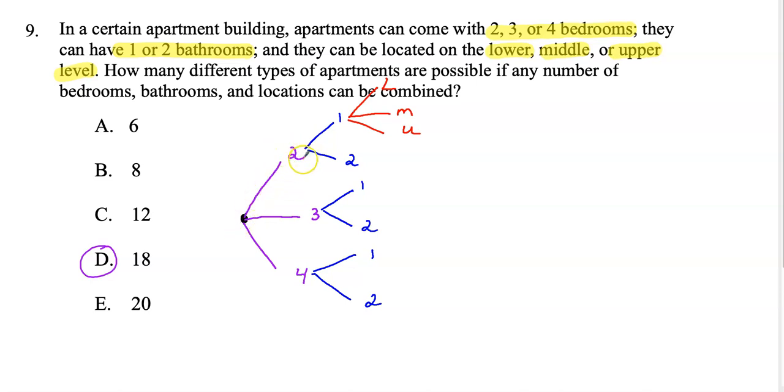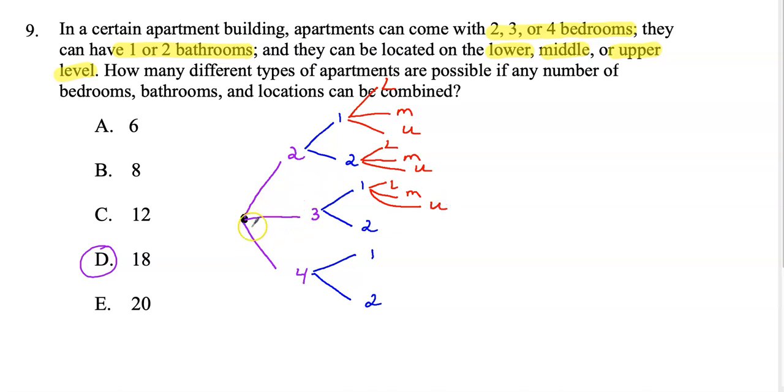I could have a 2-bedroom with 2 bathrooms located on the lower, middle, or upper level. Same thing here. I can just keep branching out. I can have a 3-bedroom apartment with 1 bathroom on the lower, middle, or upper.